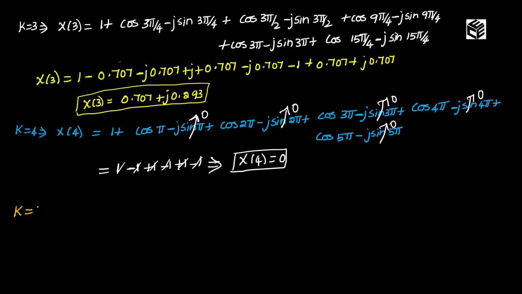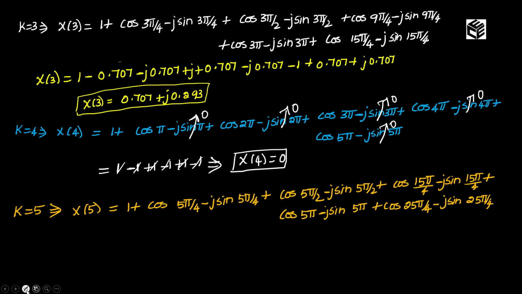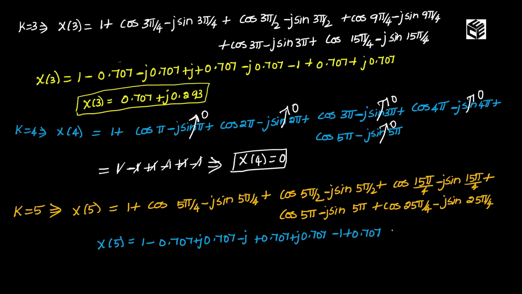Now I am going to apply the value of k as 5. So my expression will become x of 5 is equal to, my answer will be x of 5 is equal to 1 minus 0.707 plus j 0.707 minus j plus 0.707 plus j 0.707 minus 1 plus 0.707 minus j 0.707.